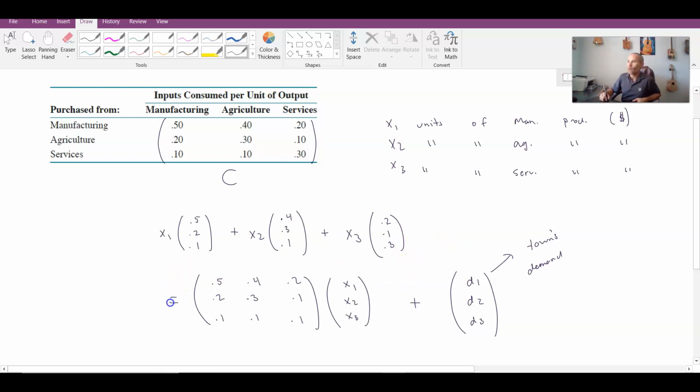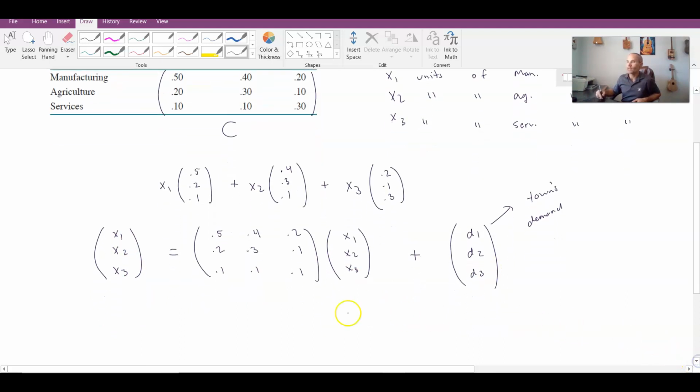And so that will tell us the total amount of manufacturing units produced, agricultural units produced, and services produced.